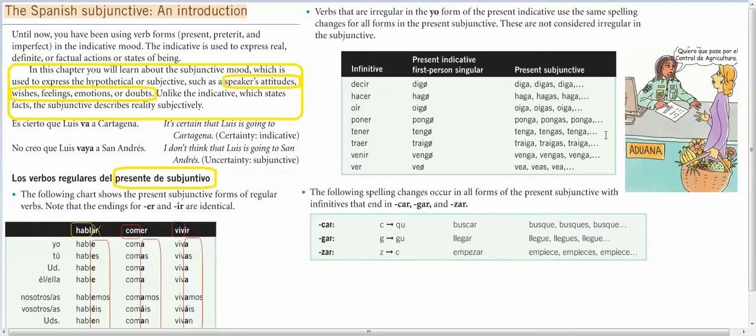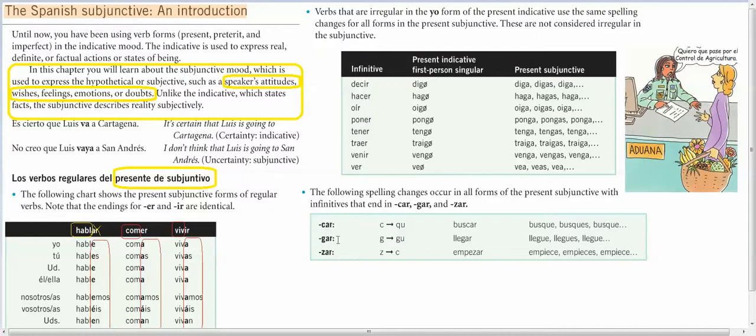Okay, we're going to go ahead and look at another spelling change. The CAR, GAR, and ZAR verbs, when you're conjugating them, were regular in the present indicative tense, but if you remember in the preterite, they were irregular because you would end up with a scenario where you're changing their sound, you're putting E's next to them.